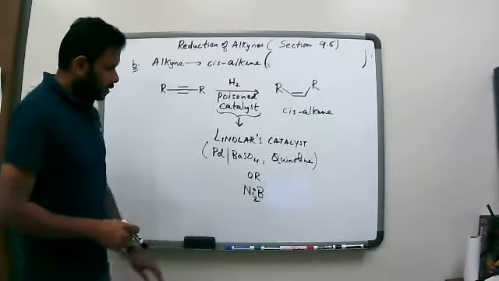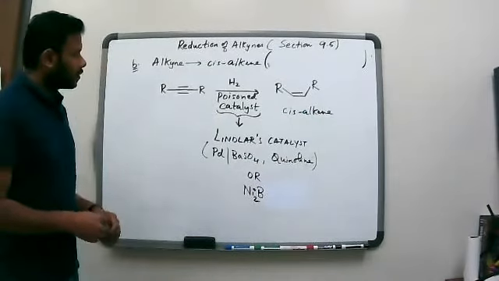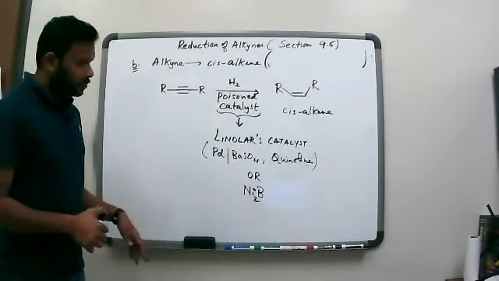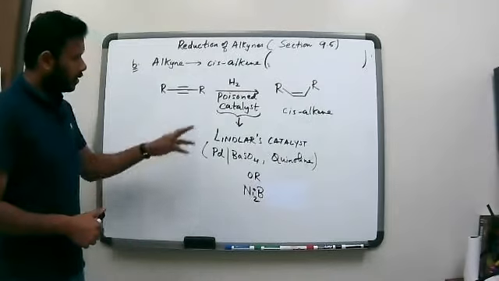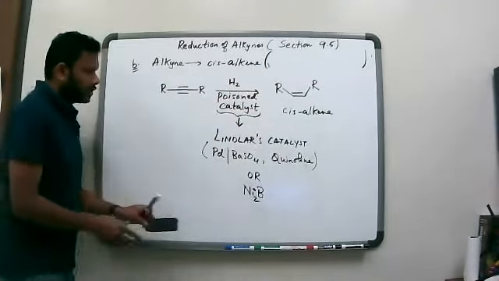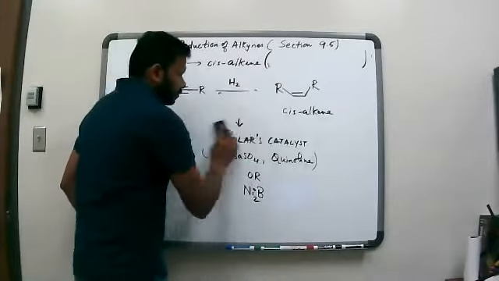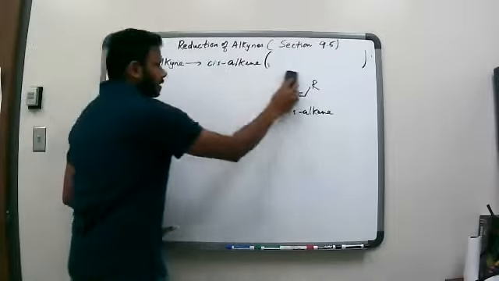So any of these combinations would help us convert an alkyne into the cis-alkene, because they would prevent this further hydrogenation that happens.